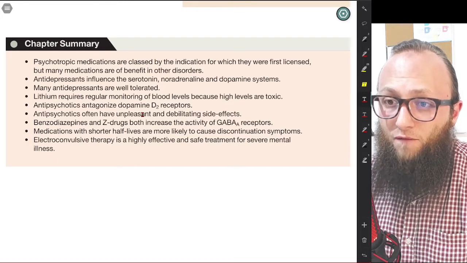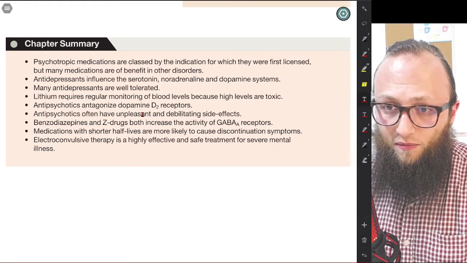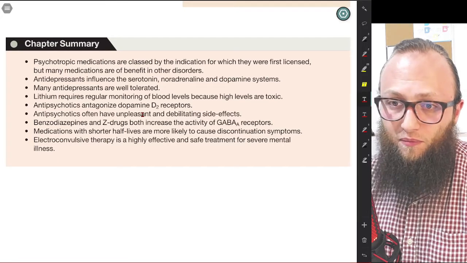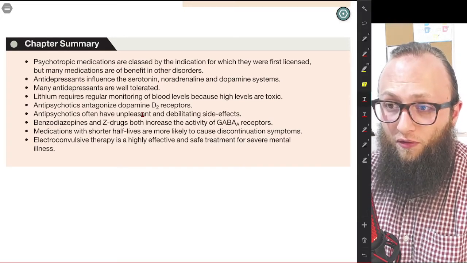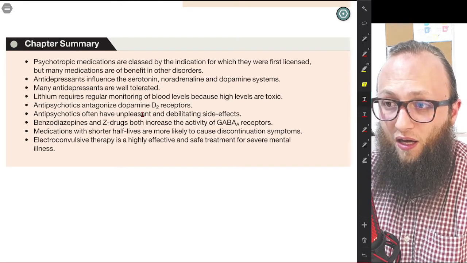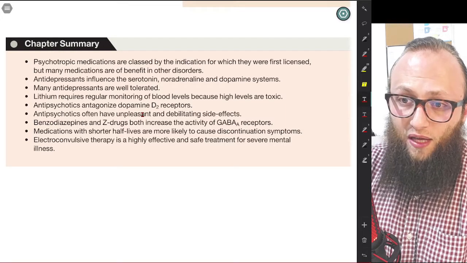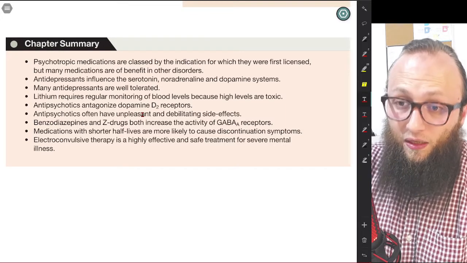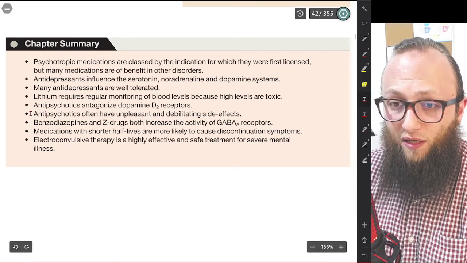Antidepressants influence the serotonin, noradrenaline, and dopamine systems. Many antidepressants are well tolerated. Lithium requires regular monitoring of blood levels because high levels are toxic. Antipsychotics antagonize dopamine D2 receptors. Antipsychotics often have unpleasant and debilitating side effects.